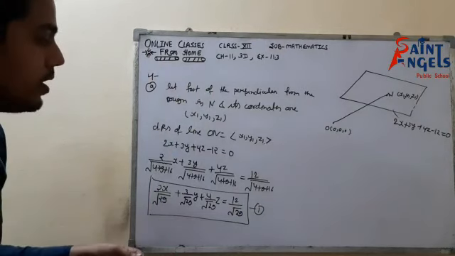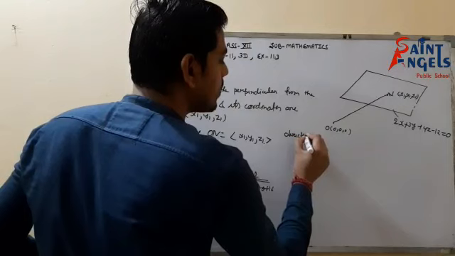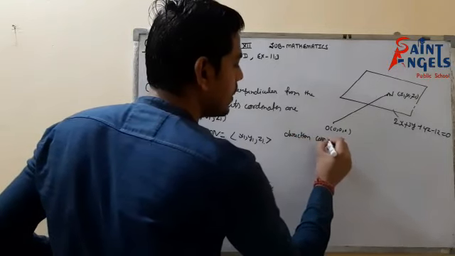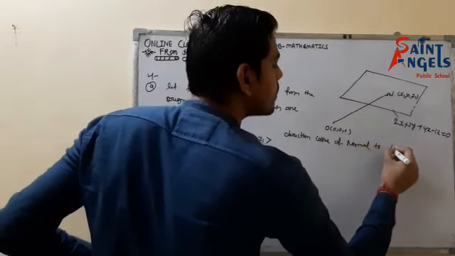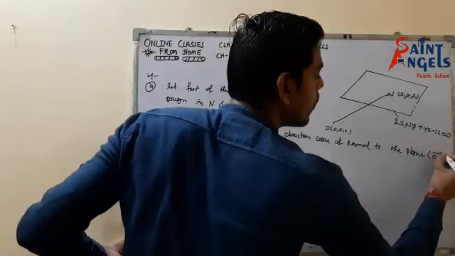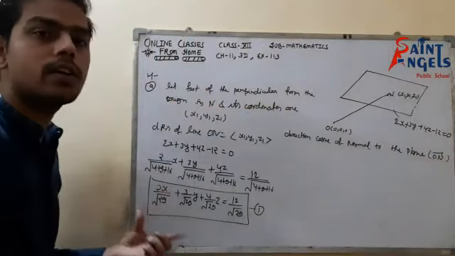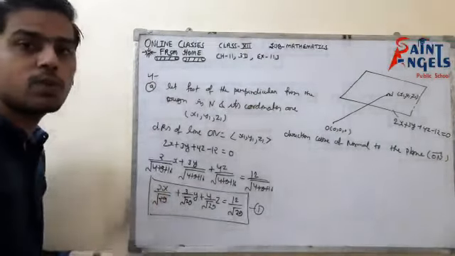Now, what would be the direction cosines of the normal to the plane? It means the direction cosines of vector ON. In normal form, the coefficients of x, y and z are the direction cosines of the normal to the plane.